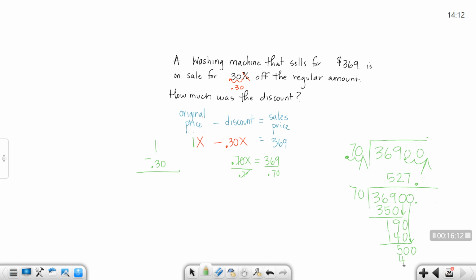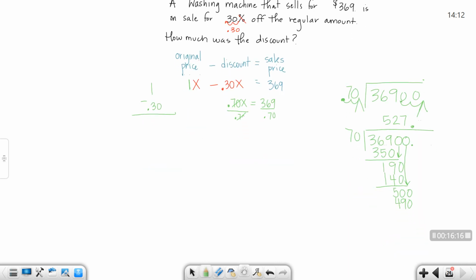7 times 7 is 49, so that would be 490. So this is 10, and then we can bring down our decimal, our change. So this will be 1 time. It'll go into this 4 times.